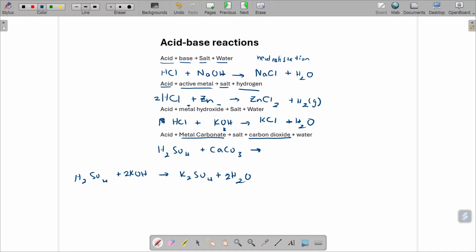This will give us the reaction of a salt. So the salt will be calcium sulfate, carbon dioxide. From the carbonate, carbon dioxide will form. And then our final product is going to be water.